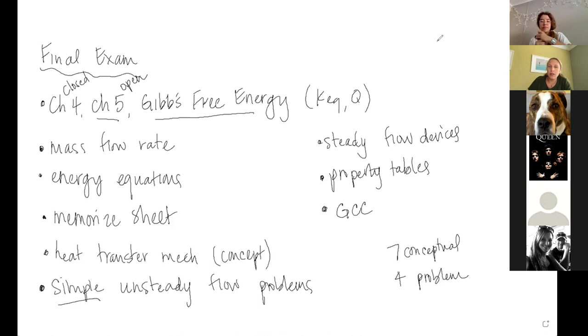Then I will start working some example problems. So this example is from the back of your book. It is example 5.39, so it's from chapter 5. It is about a diffuser, which is a steady flow device.